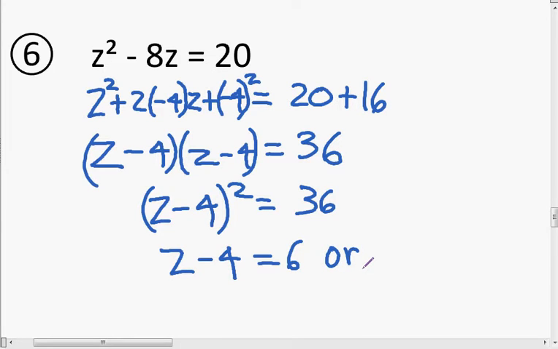Or z minus 4 equals negative 6. Because if I take negative 6 times negative 6, I still get positive 36. The calculator only gives me the 6, but negative 6 works just as well. And now I solve for z.